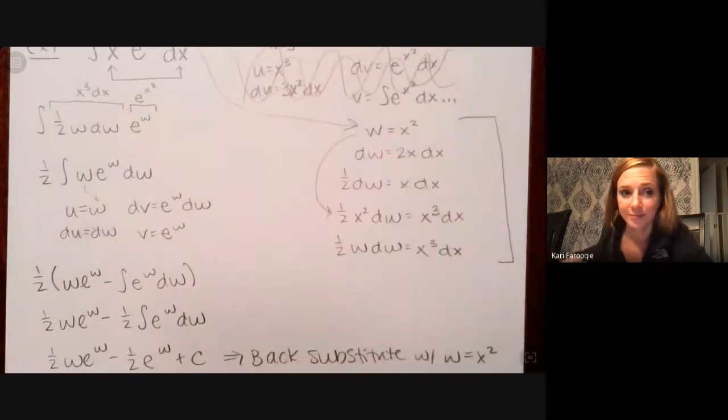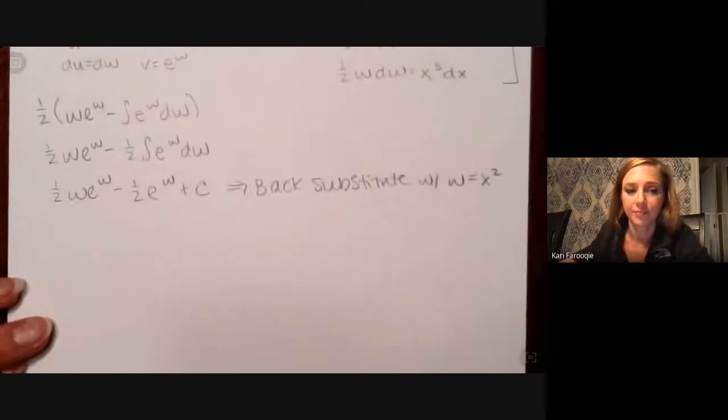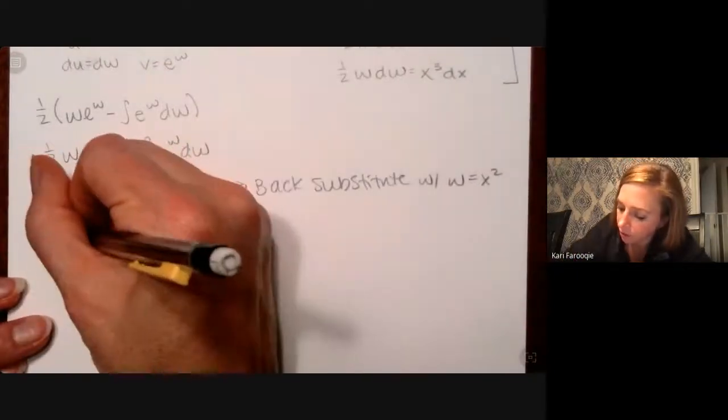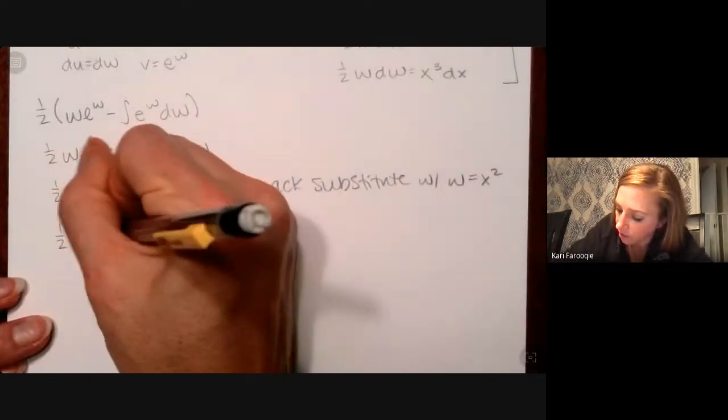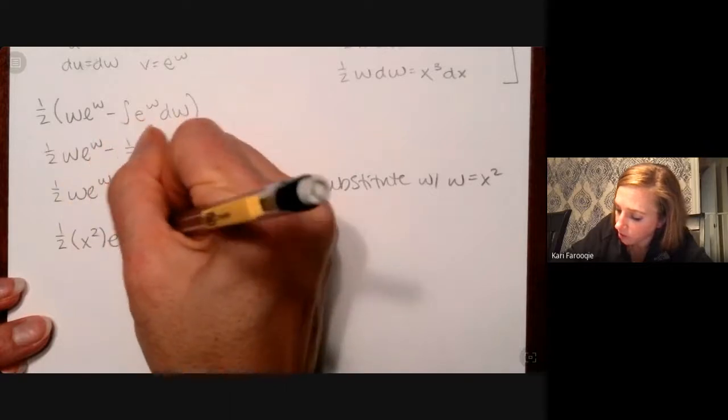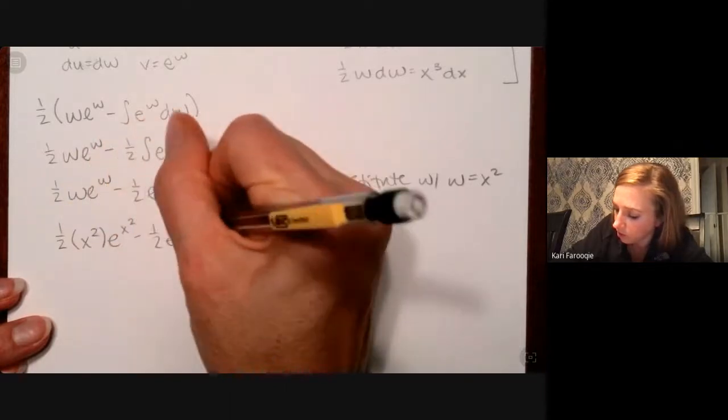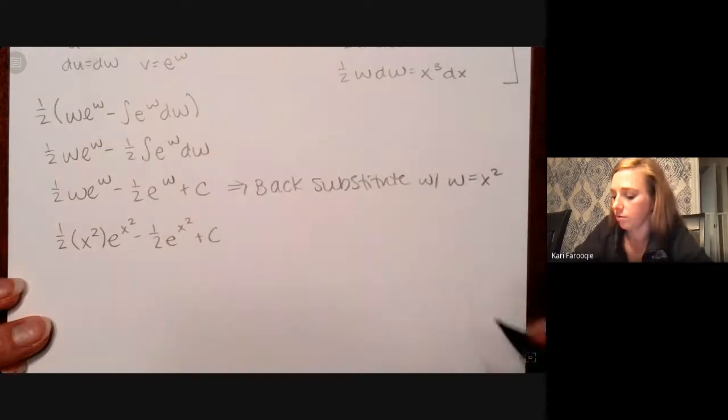There it is. So we'll have 1/2 times x squared e to the x squared minus 1/2 e to the x squared plus c.